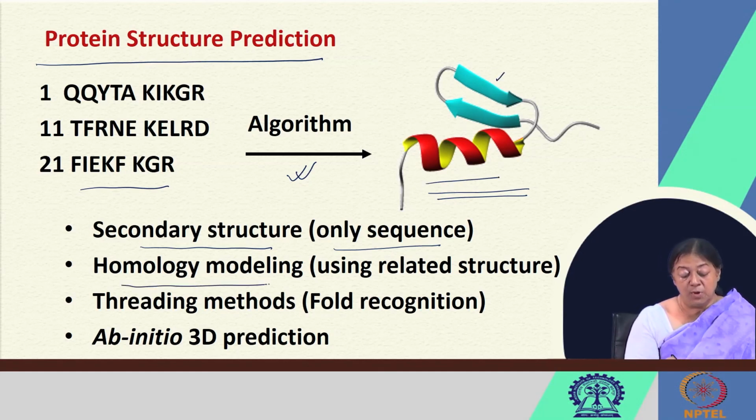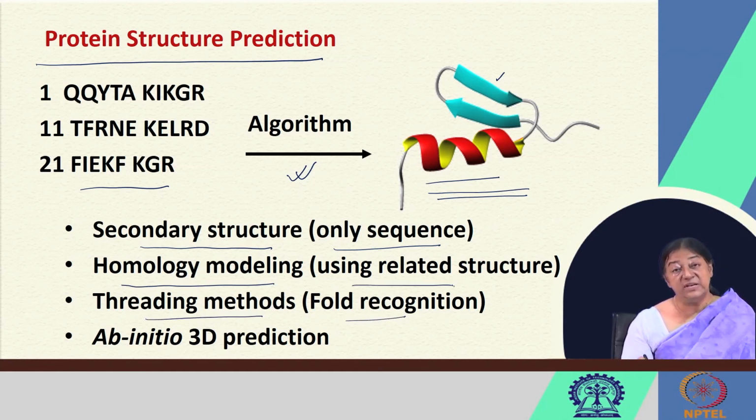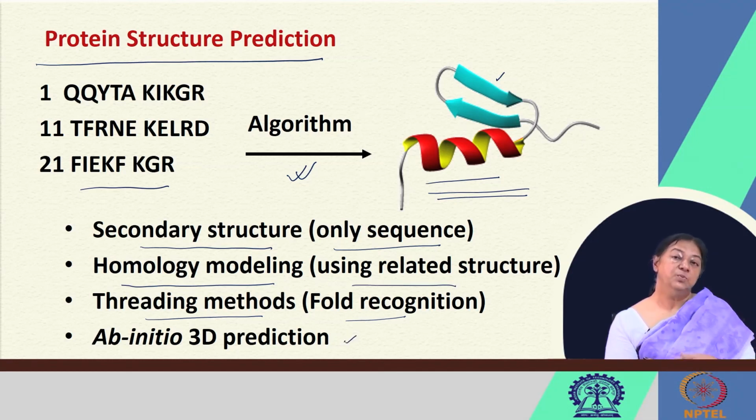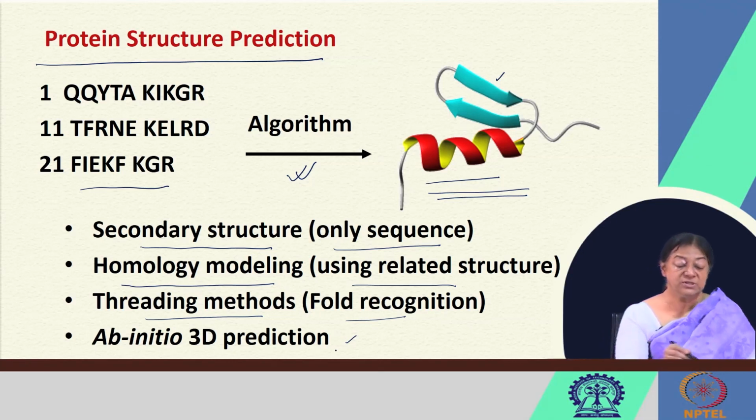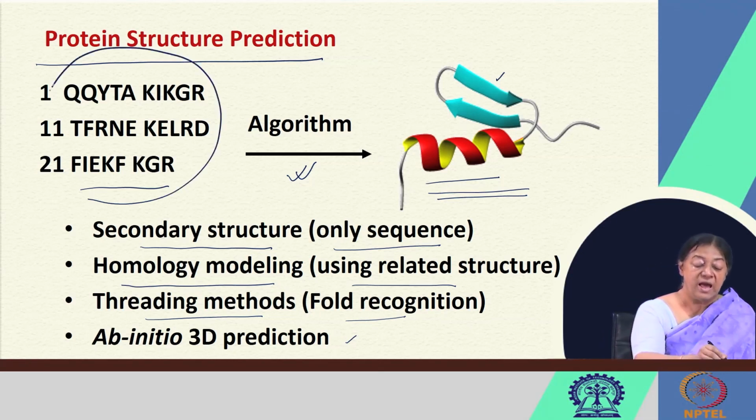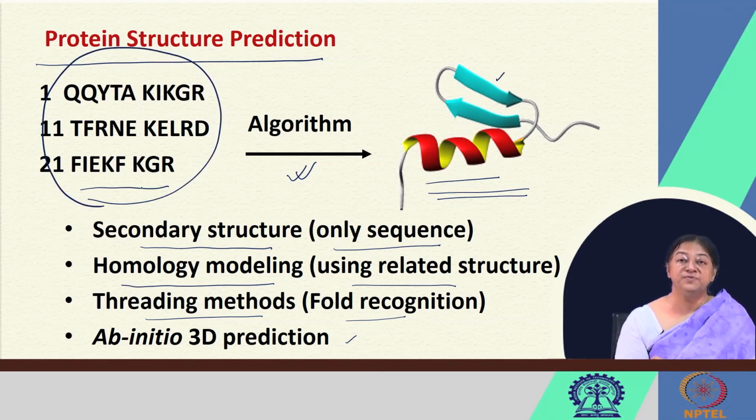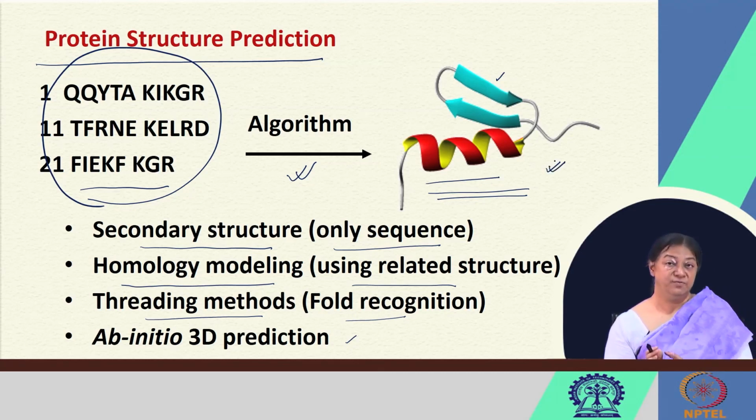We have homology modeling, we have threading methods that look at fold recognition, homology modeling that looks at related structures, and ab initio 3D predictions which from scratch look at the sequence of the protein and from specific force fields or energetics of protein folding try to get us the final folded structure.